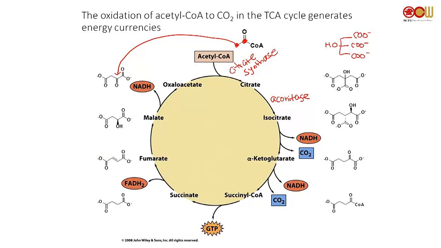Using aconitase, you will always move the OH here to the pro-R carbon on the other side, so pretty much this carbon. Then essentially what you'll generate is isocitrate, which a lot of times people will draw this way.